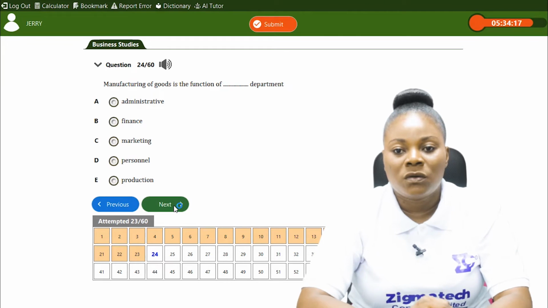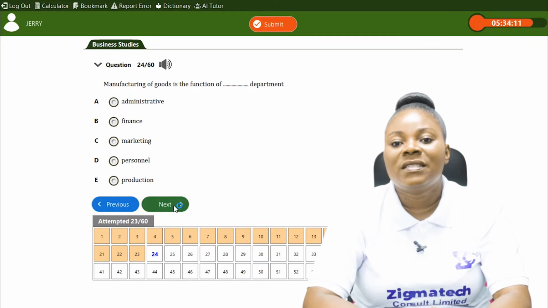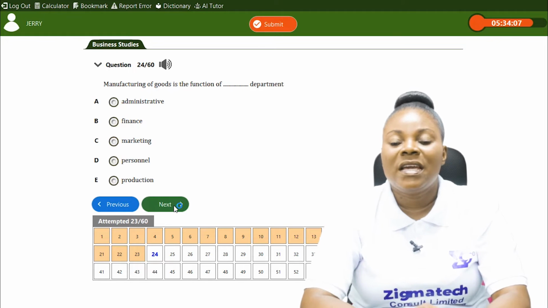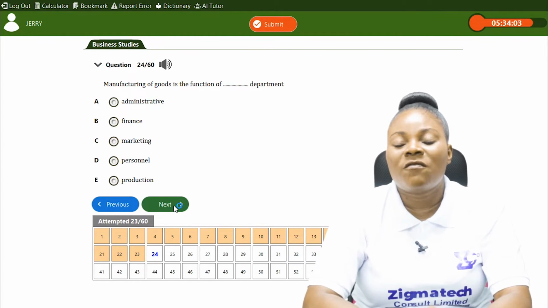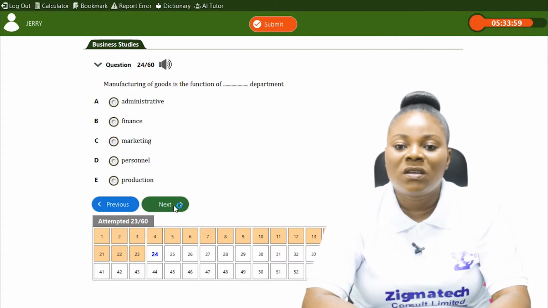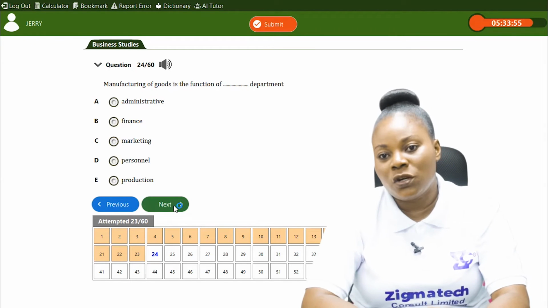Question 24. It says manufacturing of goods is the function of dash department. There are different departments that can be found in an organization. So which of them is in charge of manufacturing of goods? Is it the administrative department or the finance or marketing or personnel or production?